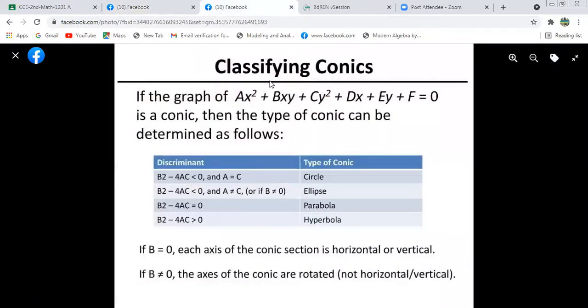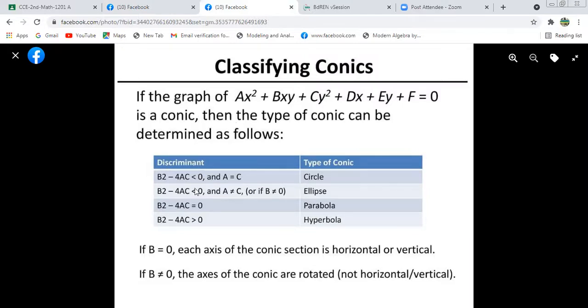And we can classify the general equation of second degree. This is the standard form of conic: ax square plus 2hxy plus by square plus 2gx plus 2fy plus c equals to 0, where a, b, c, d, e, f are constants, any real numbers. So this is the conic.